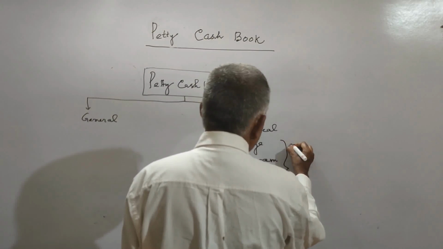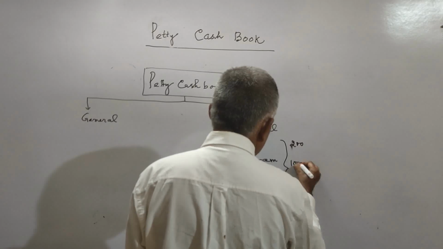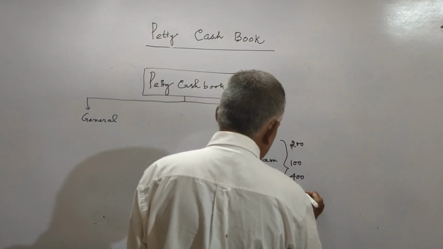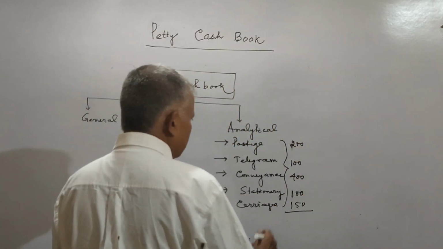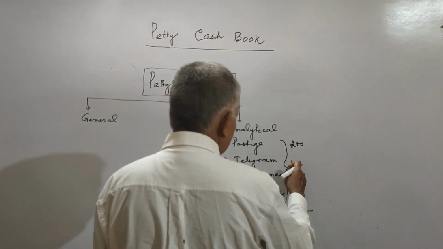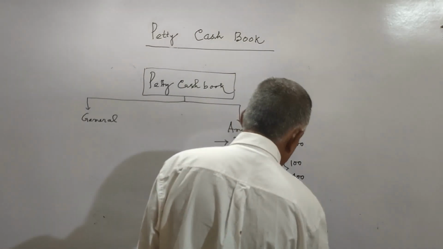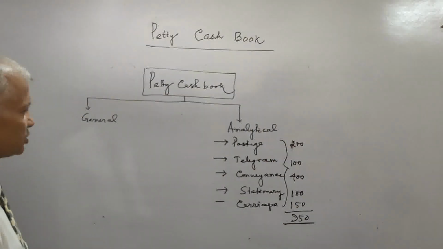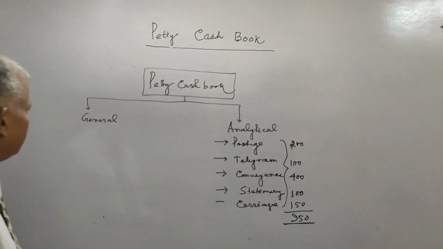Suppose the expense on postage is say 200, expense on telegram is 100, conveyance is 400, stationery is 100, carriage is 150. So the total expenditure here is 950. So during the period, the total petty cash expenses is 950.